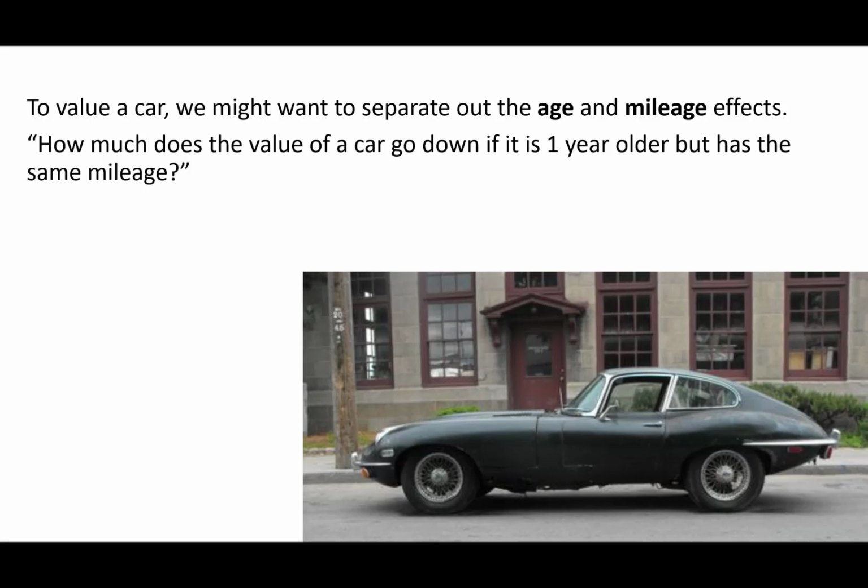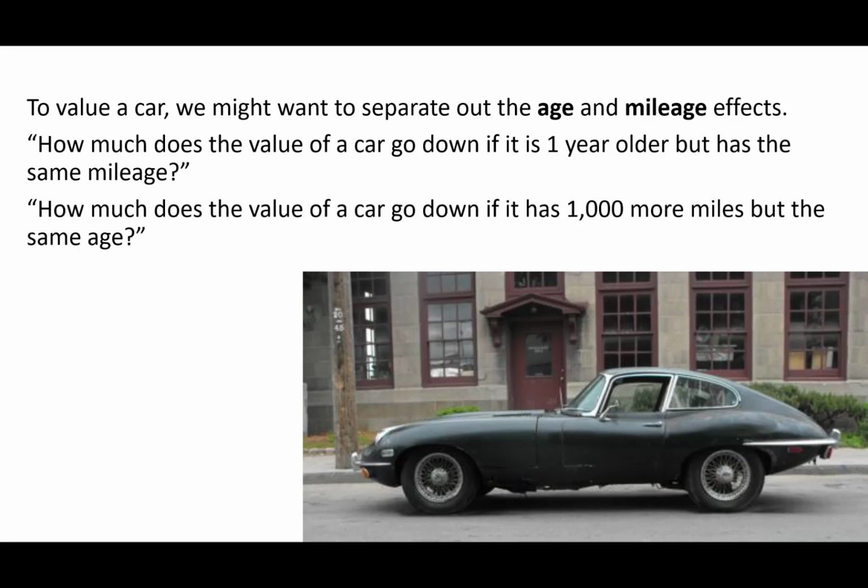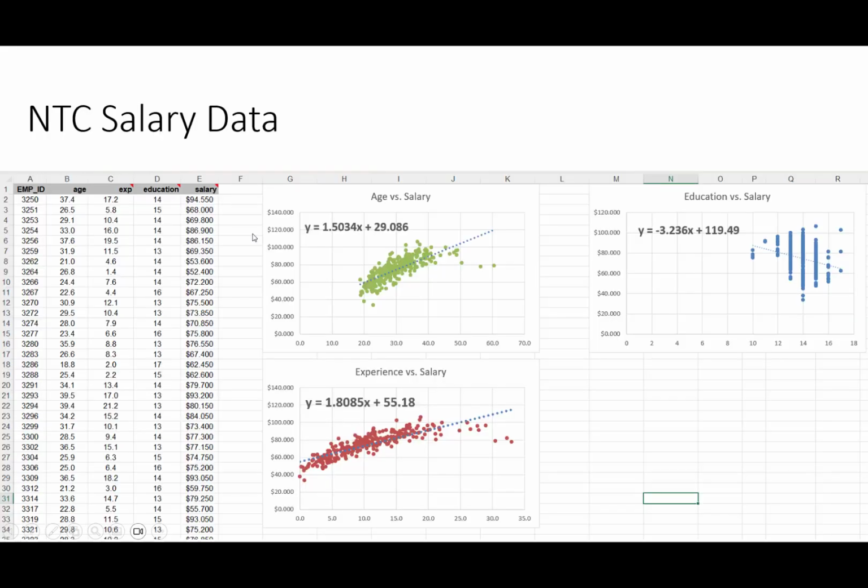So if you were looking at two of them, and one was simply 1 year older than the other, but they have the same mileage, how much would the price go down? Or would it? Maybe it goes up. How much does the value of a car go down if it has 1,000 more miles, but the same age? These are the questions that we're going to be looking at in this section of our study.